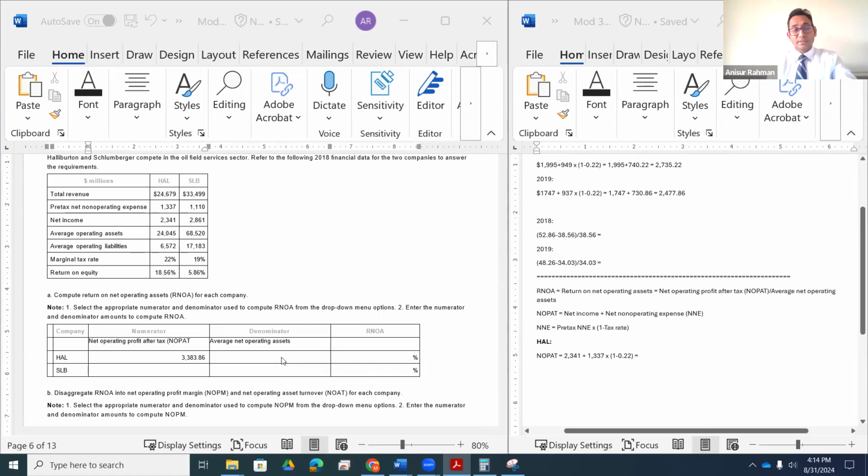Now, average net operating assets. How do we calculate average net operating assets?